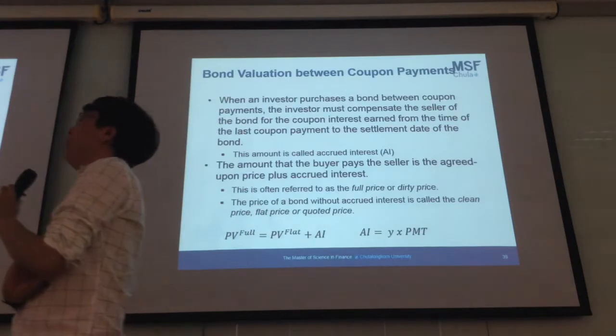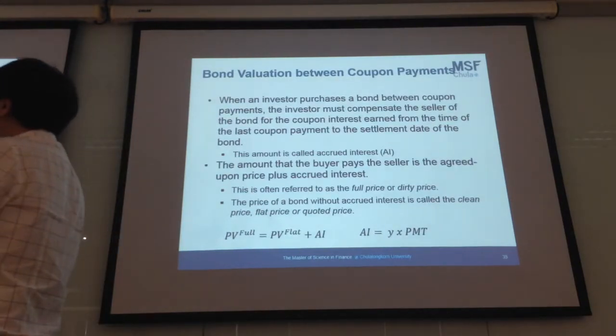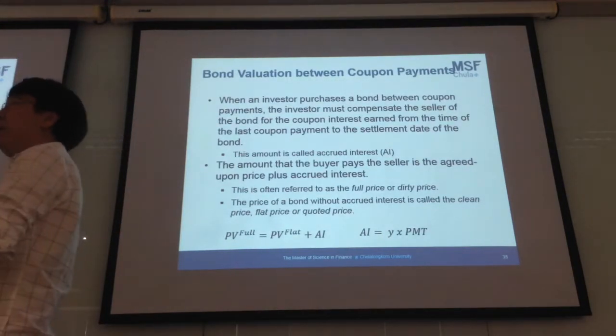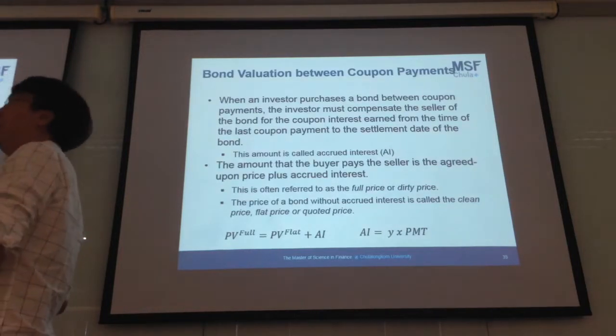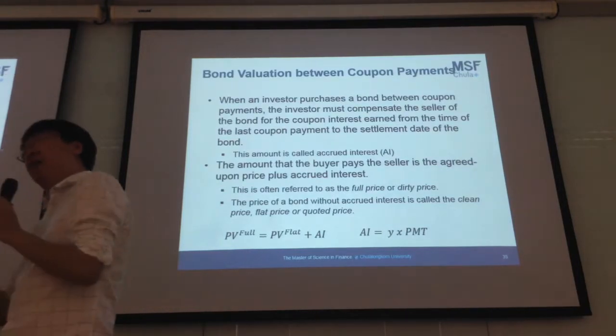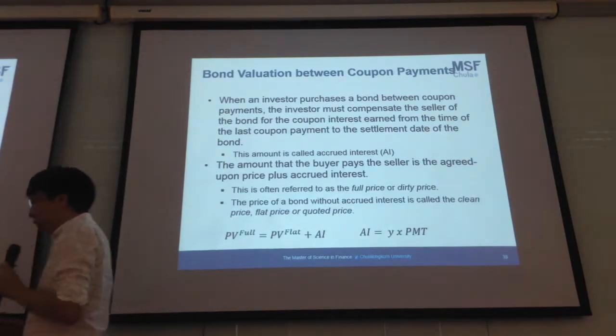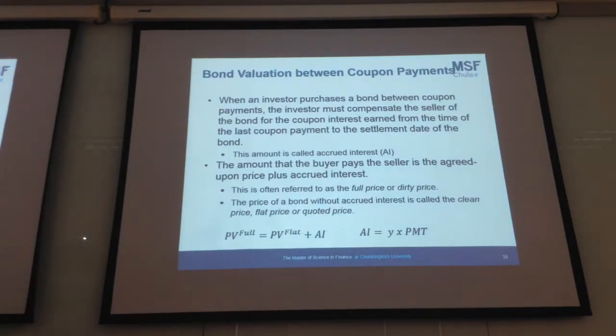Now we will discuss how to price a bond that pays in between the coupon payment dates. As I already mentioned, the coupon must be shared between the new buyer and the existing bondholder.